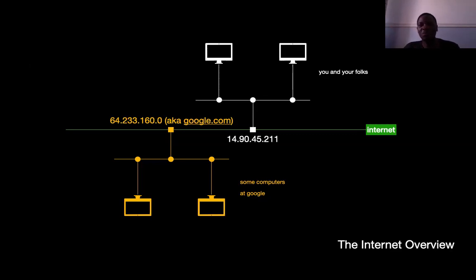However, it would be very inconvenient if you had to access Google by typing 64.233.160.0. It's already enough trouble that we have to memorize phone numbers, and then you have something like that. Now, imagine having to memorize those numbers for all the websites you probably want to visit in this life. That's going to be something else.